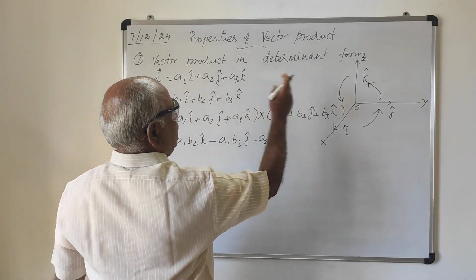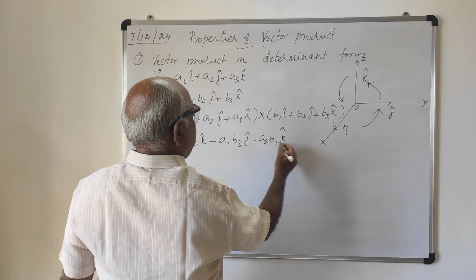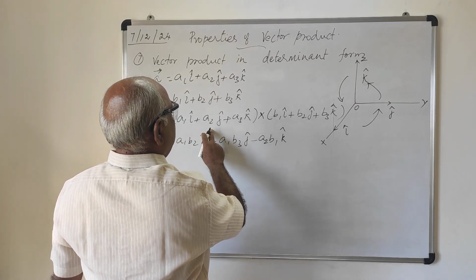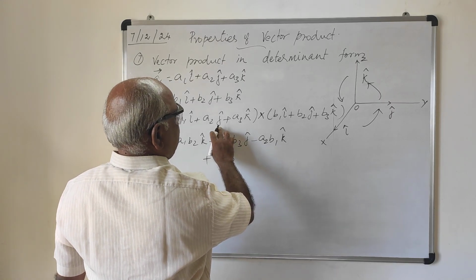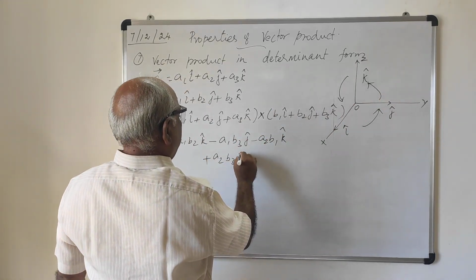And j cross j is 0, j cross k is i, plus A2 B3, j cross k is i cap.